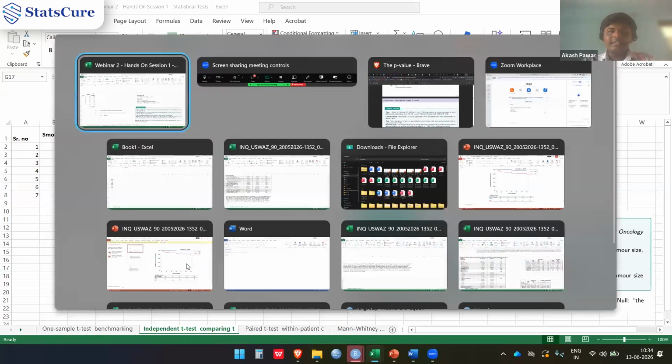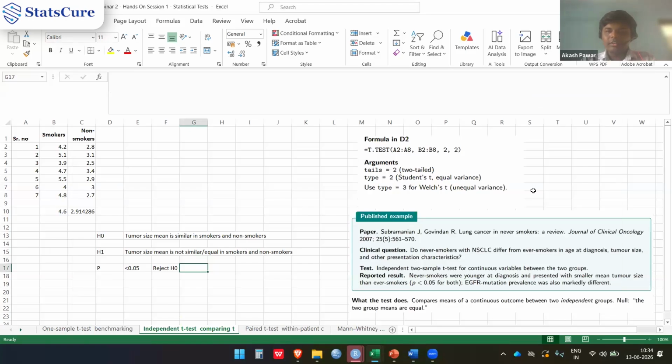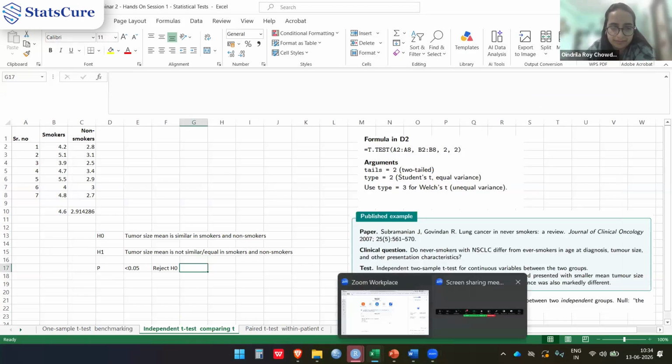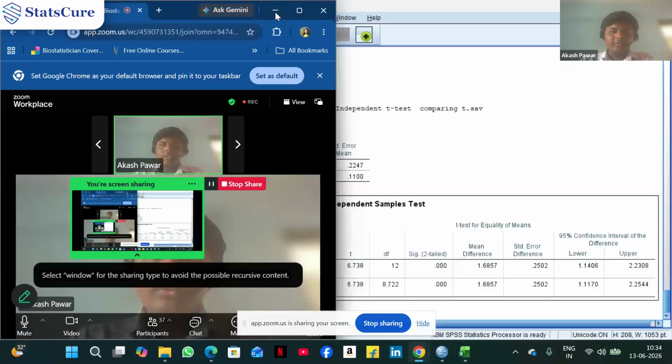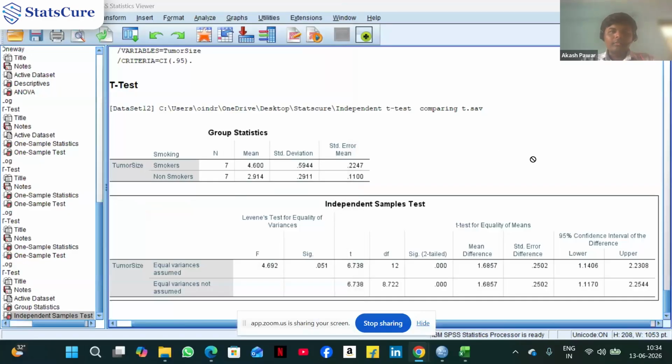For this case, Andula, can you share your screen? Okay, in this case we are getting tumor size in smokers 4.6, non-smokers 2.9, and p-value is significant. So if it is significant, we are going to say that the two means are different from each other.